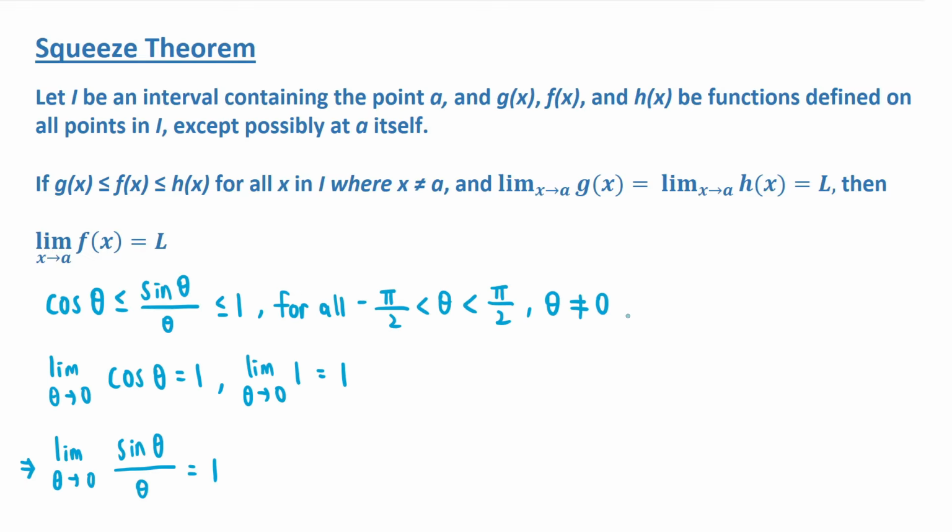So we know that cosine of theta is less than or equal to sine of theta over theta, which is less than or equal to 1 on the interval between negative pi over 2 and pi over 2, excluding the point theta equals 0. And we have the limit as theta approaches 0 of cosine of theta equals 1, and the limit as theta approaches 0 of 1 is equal to 1. This means by the squeeze theorem, we can conclude that the limit as theta approaches 0 of sine of theta over theta is equal to 1.